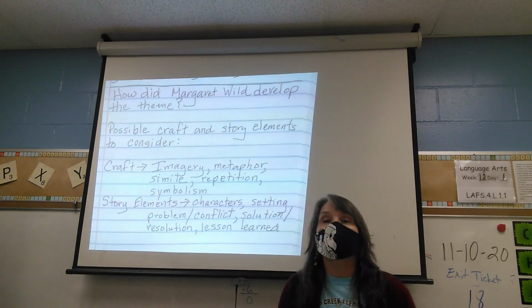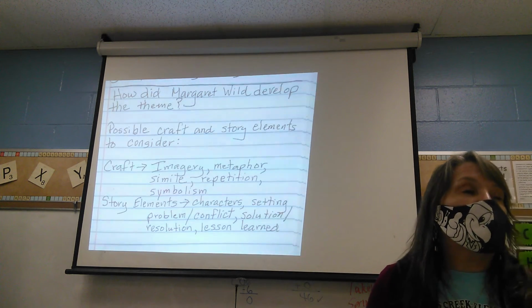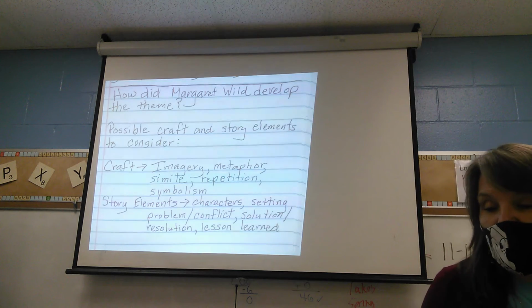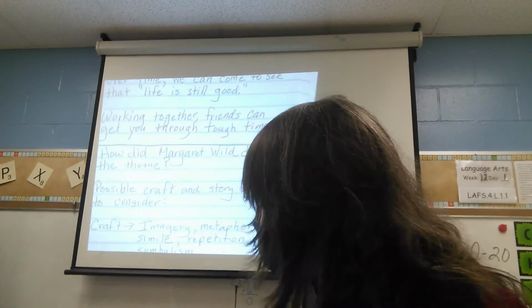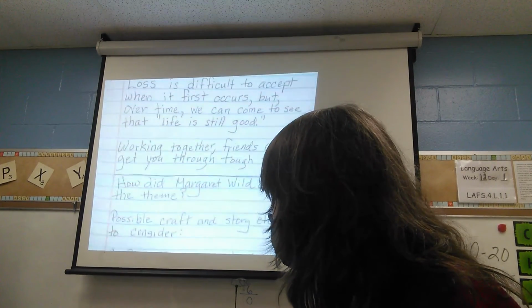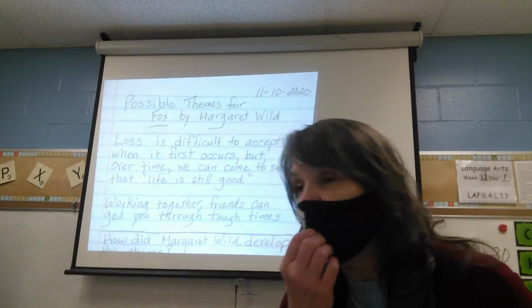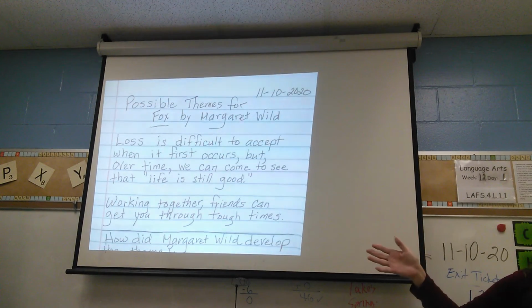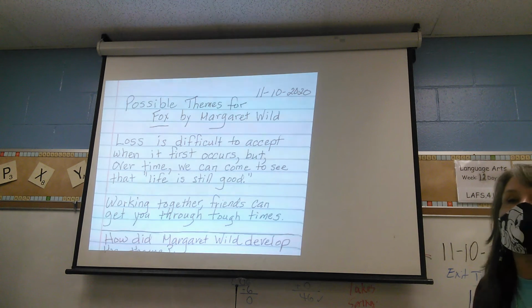Okay, so let's remind ourselves what our planning sheet should look like. Now you have two choices. I'm going to slide this back down so you can see. And you can certainly reword this however you want to. As long as what you're saying is the theme can be supported with evidence, it's a valid theme.